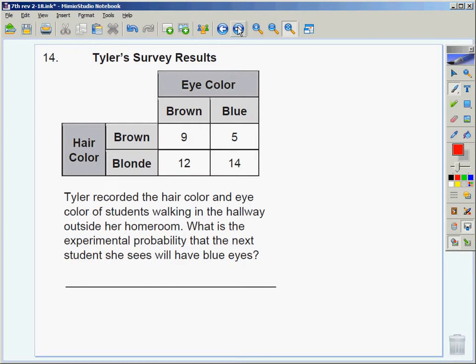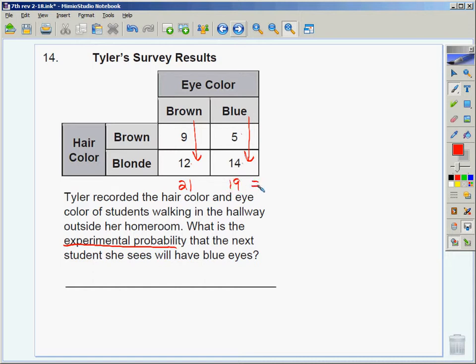In number 14, they've given us a table, so obviously this was an experiment. It says Tyler recorded the hair color and eye color of students walking in the hallway outside her homeroom. What is the experimental probability, in other words, use the data, that the next student she sees will have blue eyes? Well, what I need to know is totals. So 9 and 12 is 21. 5 and 14 is 19.